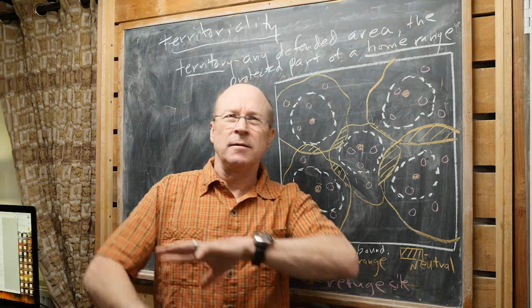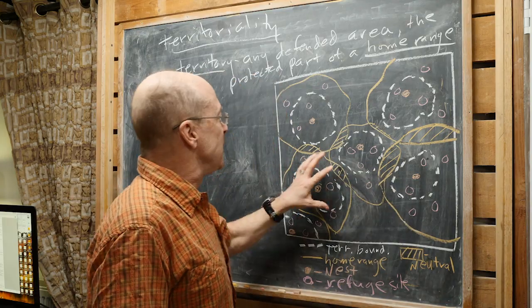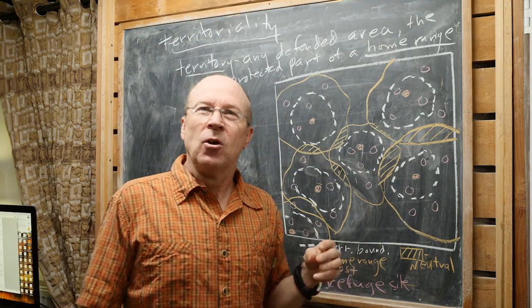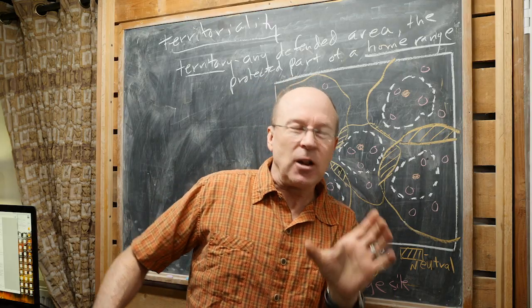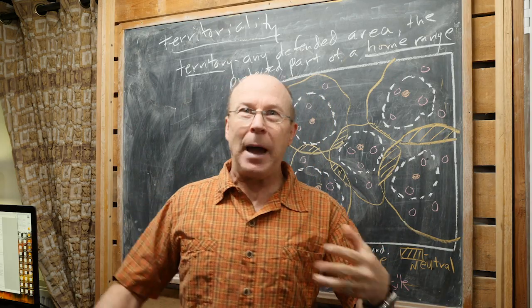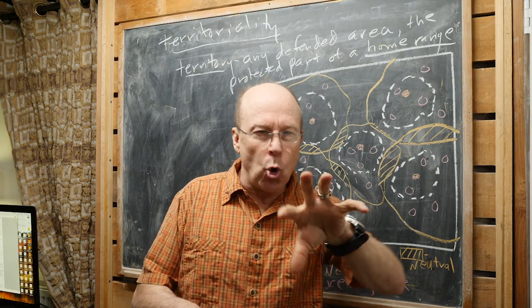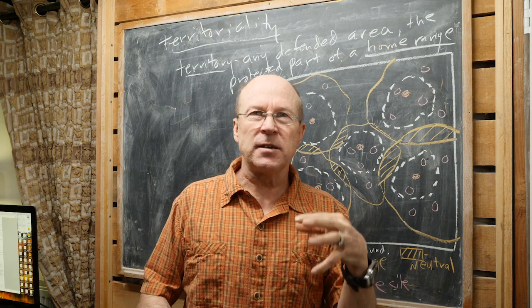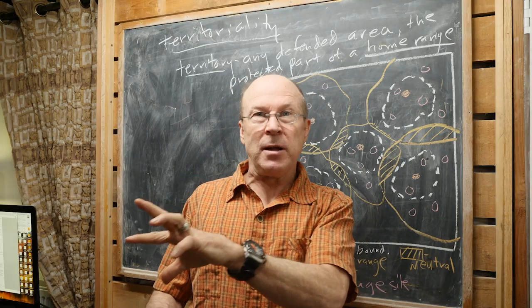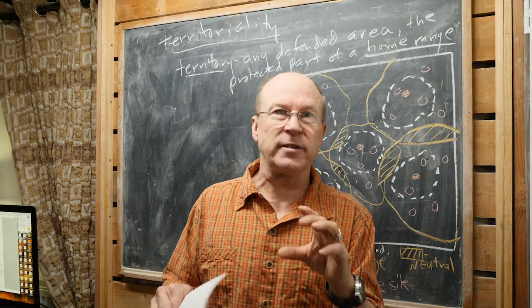You can put this on to anything. Let's think about our pikas. We already know that these pikas are holding territories, defending territories, male territories, female territories, and within that territory was the cache.